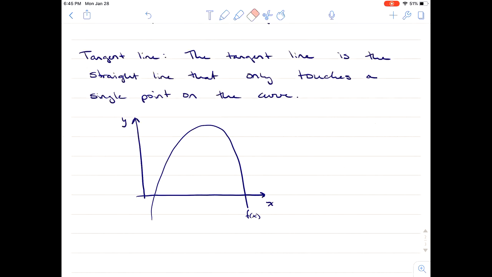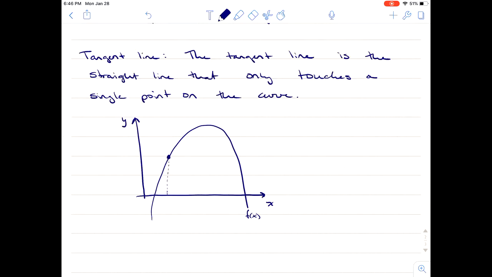Probably not. Looks nasty. Any sort of curve. And so here, at this point, we're at some value of x.